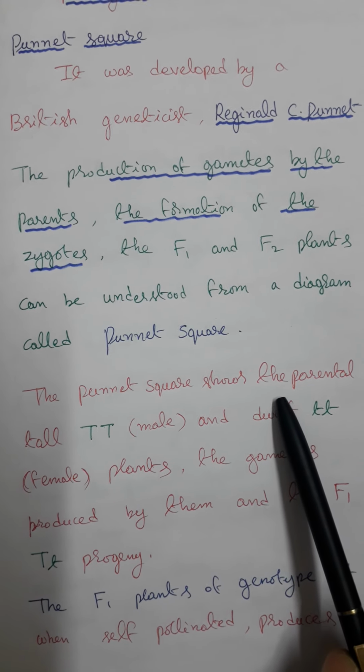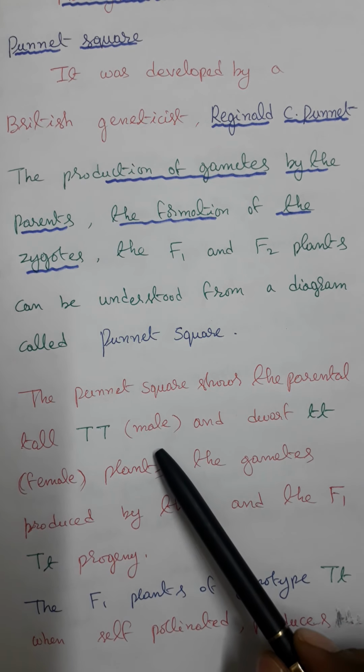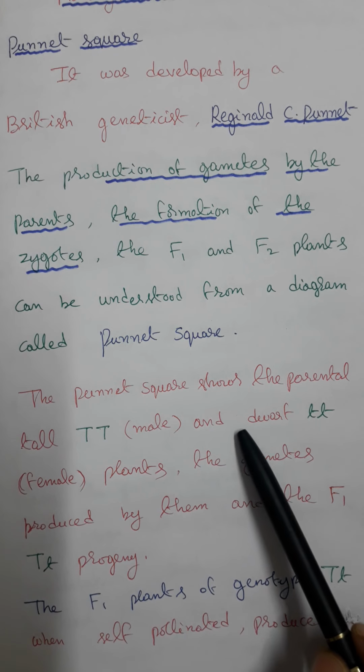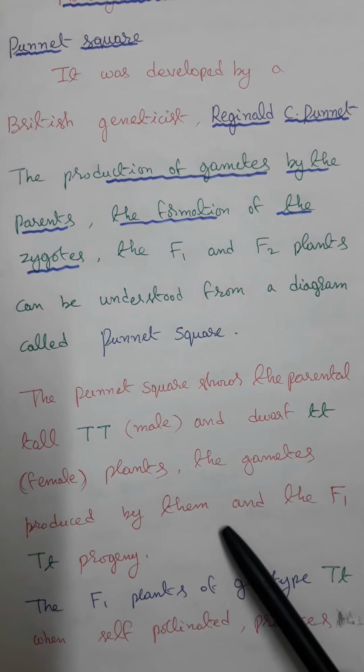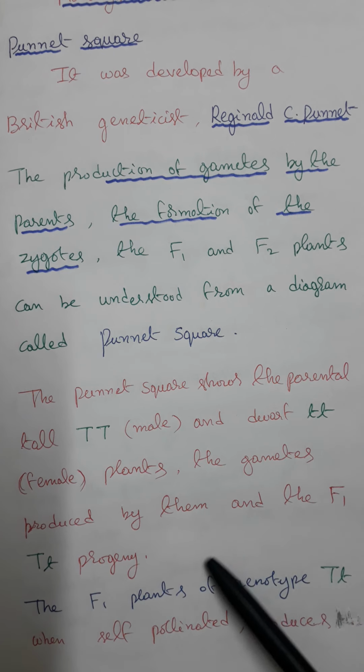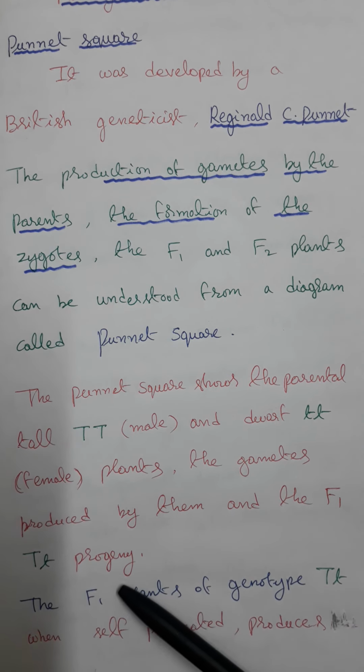The Punnett square shows the parental tall capital T male and dwarf female plants, the gametes produced by them, and the F1 capital T small t progeny.